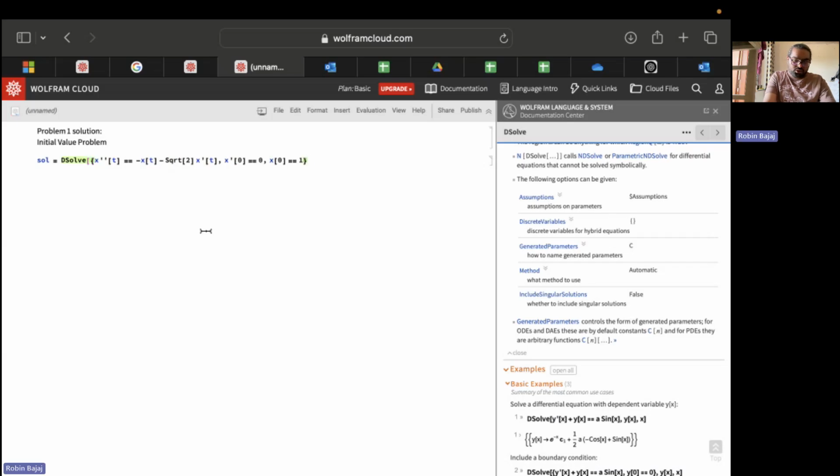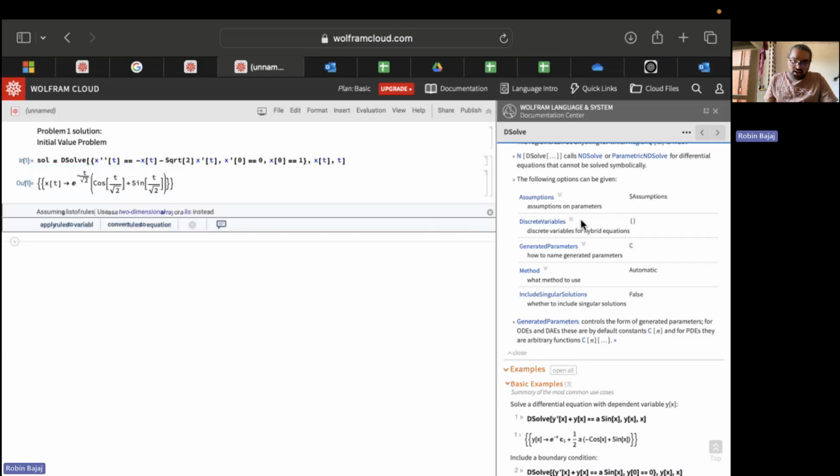Close it. What do you want? You want x of t, and what is the variable? t, the independent variable. Enter it. It solved the equation. So it gave us e to the power minus t by root 2 and this thing.